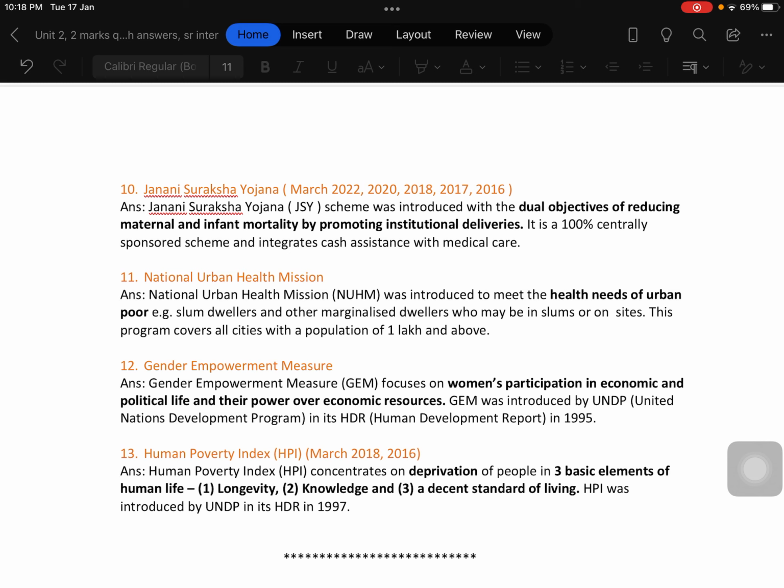GEM was introduced by UNDP, that is the United Nations Development Programme, in its HDR, that is the Human Development Report, in 1995. Every year the United Nations releases the Human Development Report. So this GEM was introduced by the United Nations in its report in 1995.